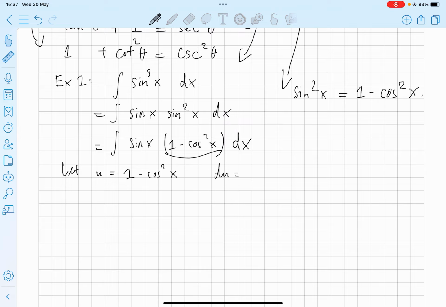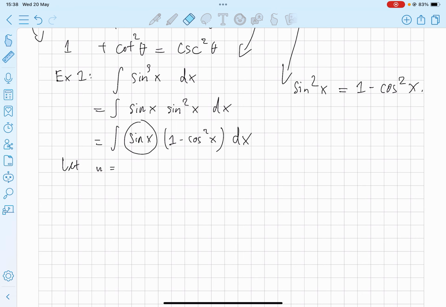Then du will equal 2 cosine x multiplied by minus sine of x, so it will give you minus 2 sine x cosine x. But in this case you only have sine x, so you cannot use this substitution. You have to let u be a different value. In this case you will let u equal cosine of x only, not 1 minus cosine squared of x. So let's try it.